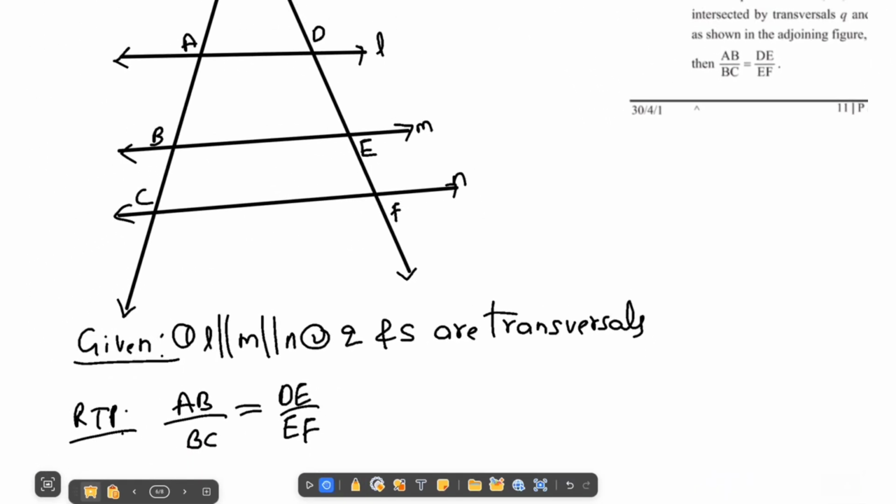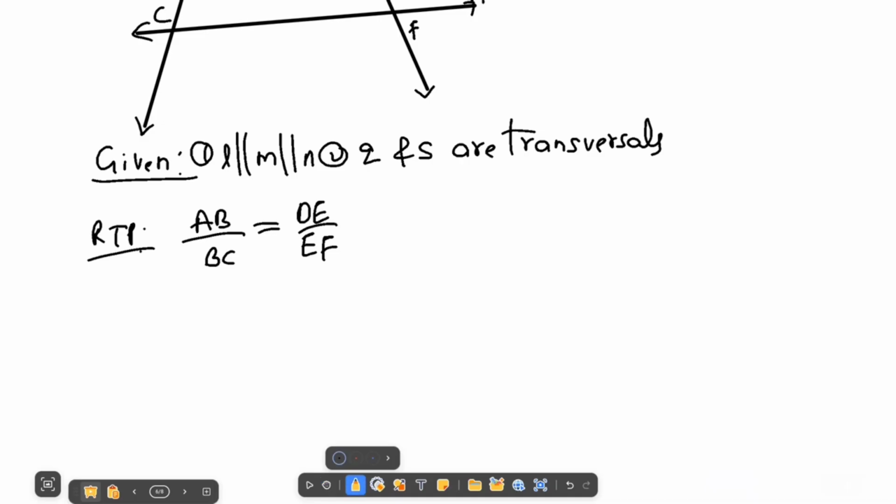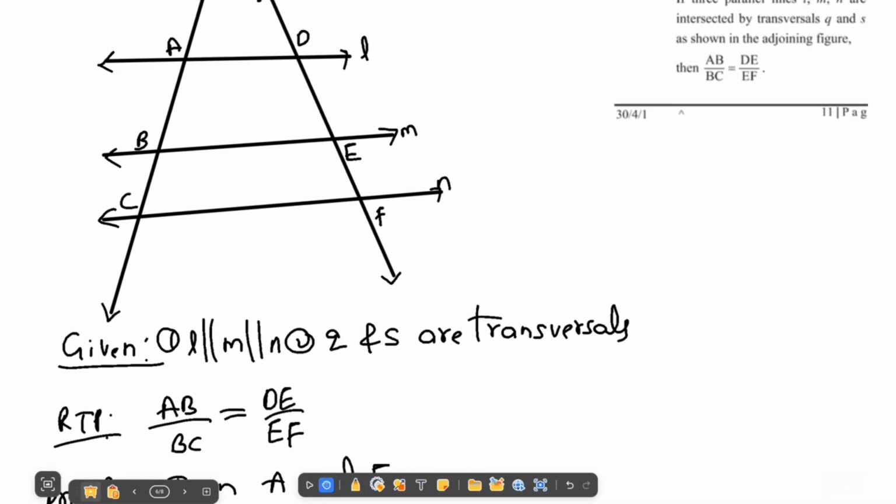Now for that we have to do one thing. Join A and F. So let's join A and F. Yes.